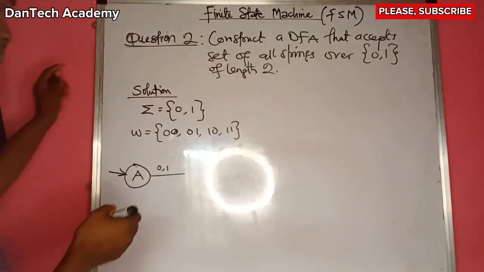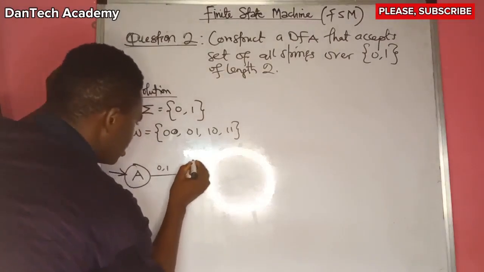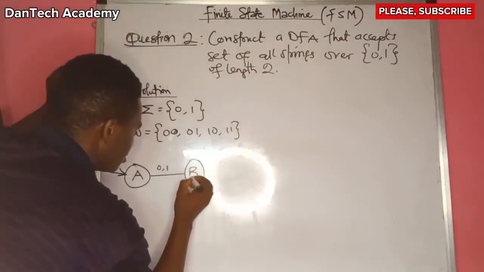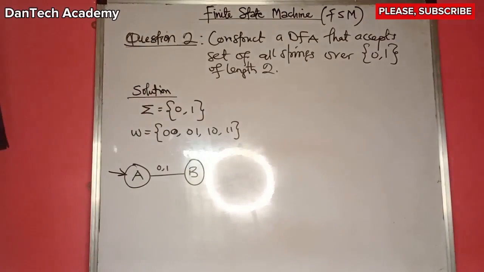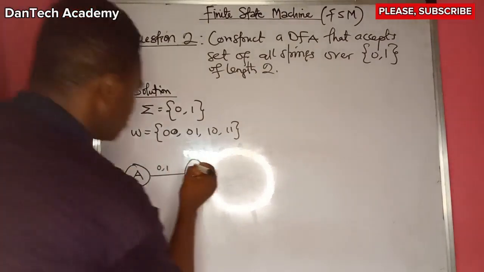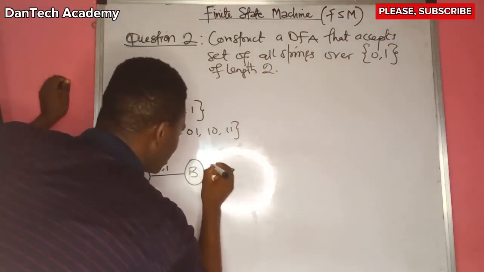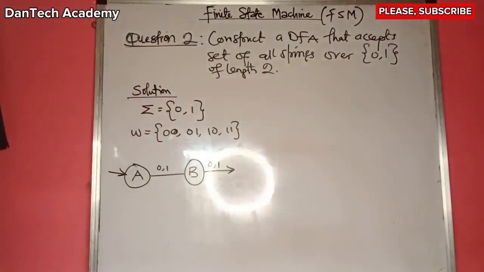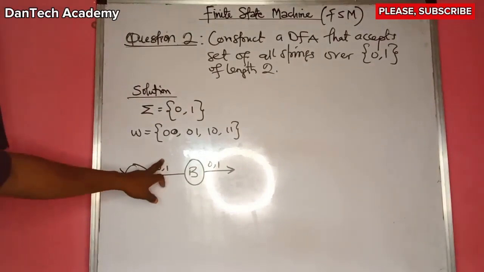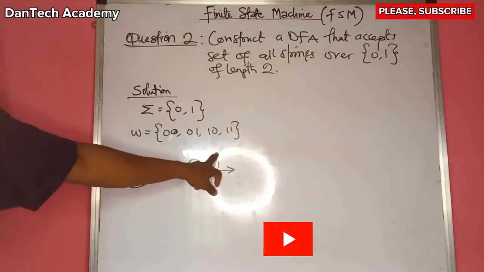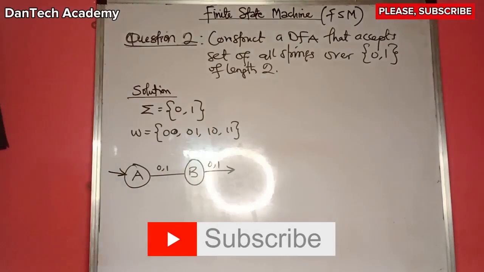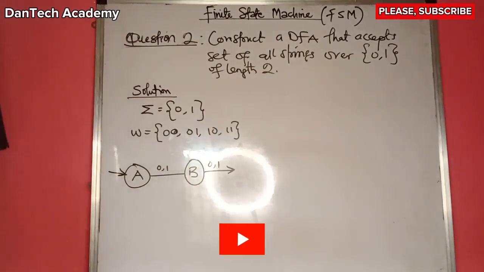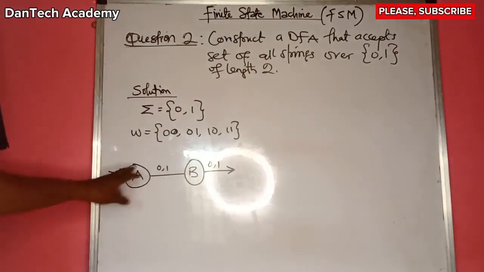Okay, so the next one is we move to the B state. In the B state, we have another one. Don't forget, length 2. So look, if this is 1, this is 2. We've satisfied what they want. Length 2: this is 1, this is 2.